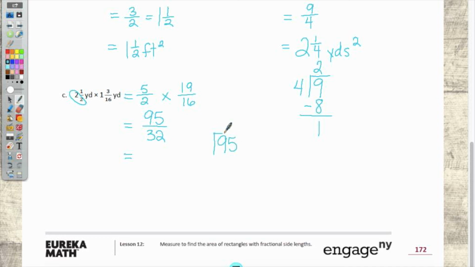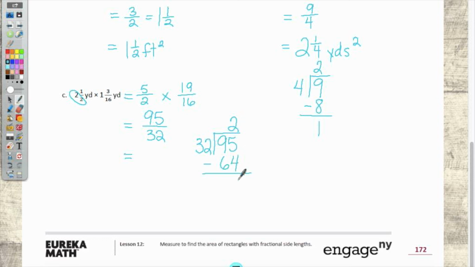95 divided by 32. Now I know 30, 60, 90 would go in, but that's 32. Is there going to be room for 3? No, because that would be 96. So you can only fit 2 in there. So 32 times 2. 64.